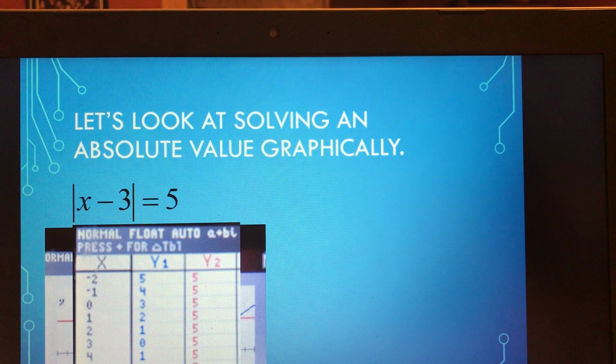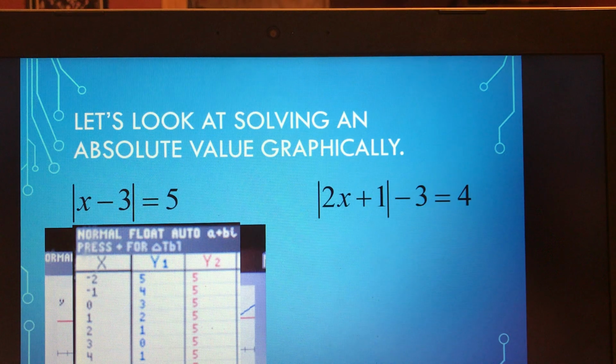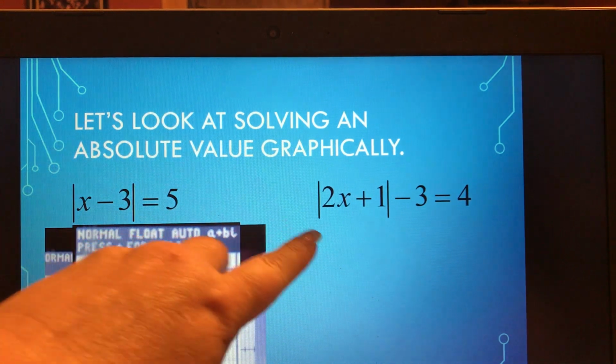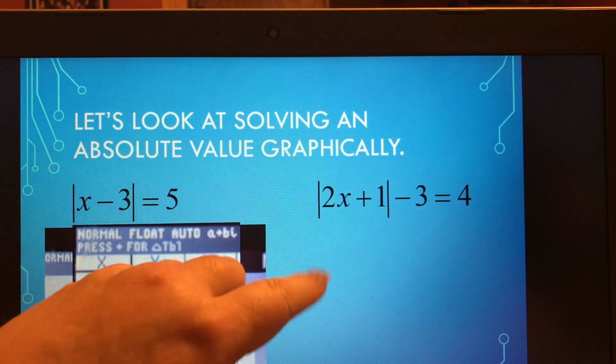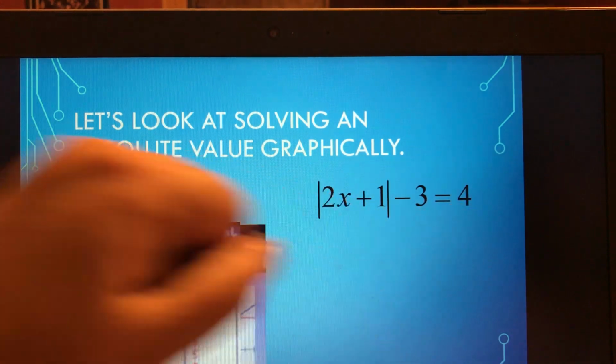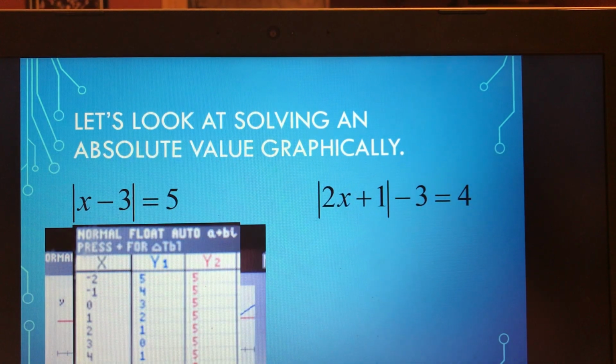All right, so let's look at the second equation that you had in the bell ringer. Let's go ahead and do the same thing. In y sub 1, put the left-hand side of your equation, and in y sub 2, put 4. And when you get there, look at your graph.